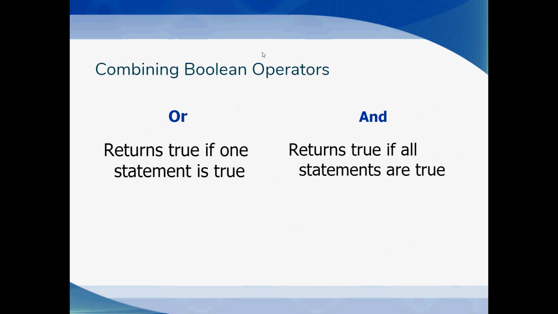Now you can combine two Boolean operators, two statements, to see if a big long statement is true, and you can do that using the words or and and. Now this works just like it does in English, but I'm going to give you the formal definition and then my example. Or returns true if one of your statements is true, and and returns true if all of your statements are true.